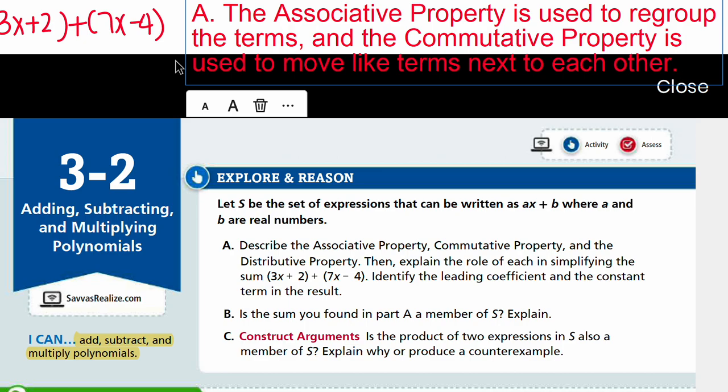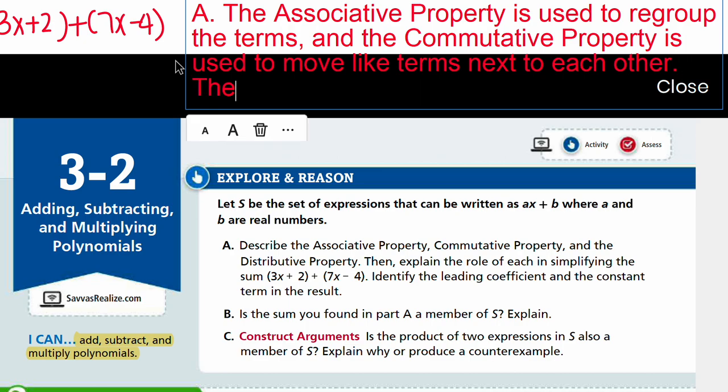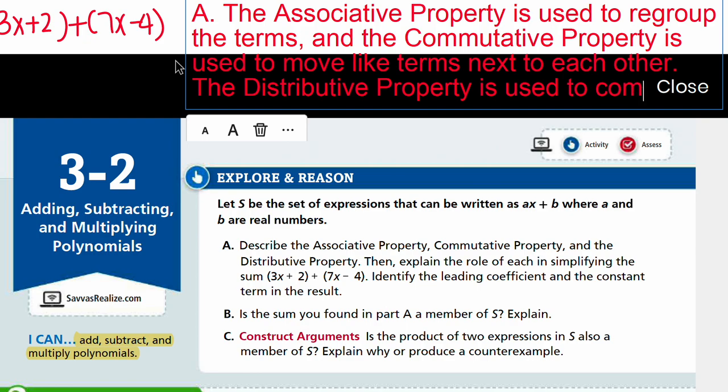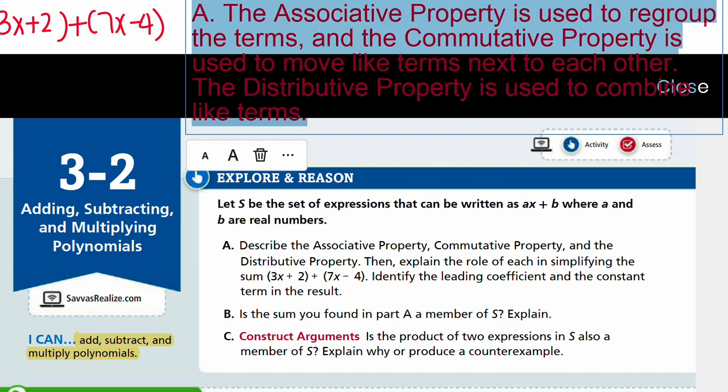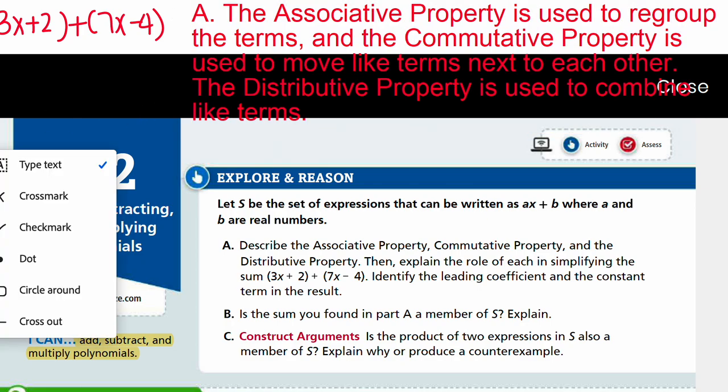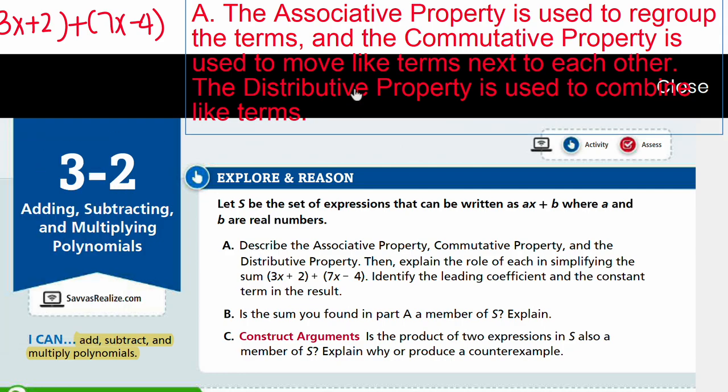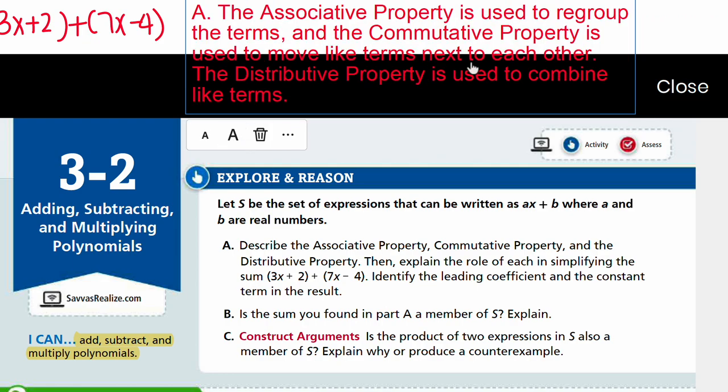And then the distributive property is used to combine like terms. So these are the properties that you have learned in pre-algebra and algebra 1. And so I hope it comes back to you.